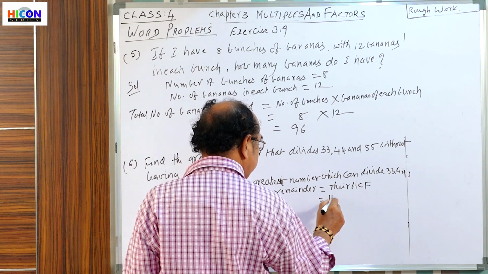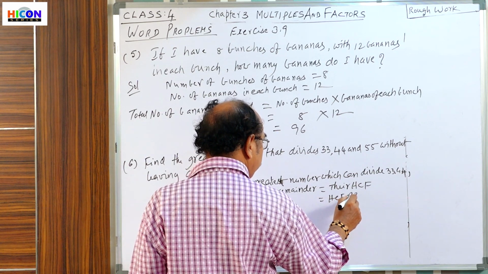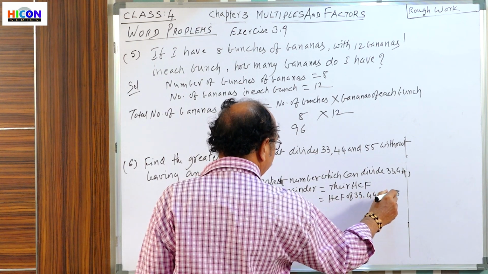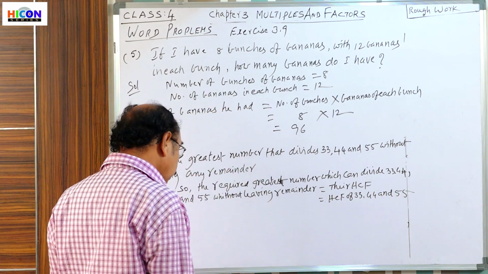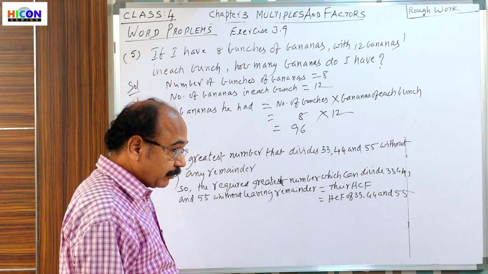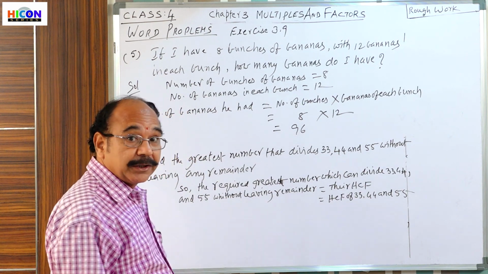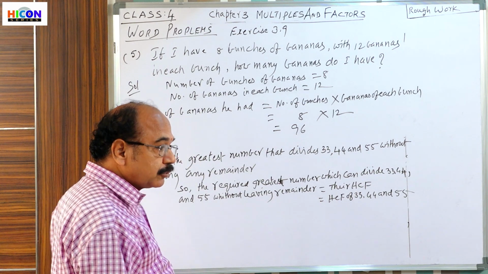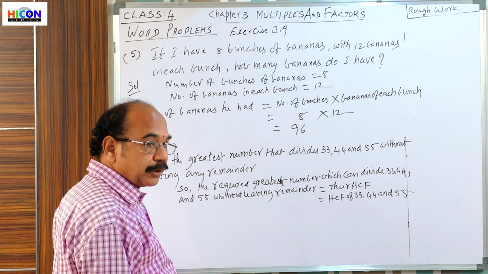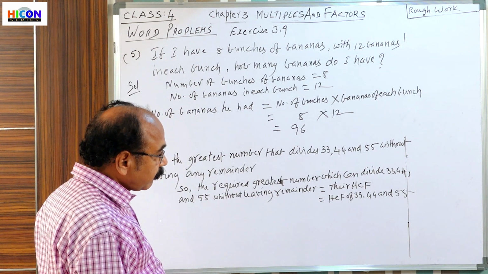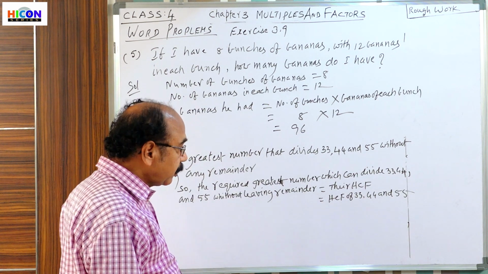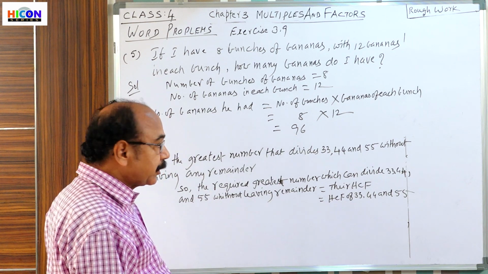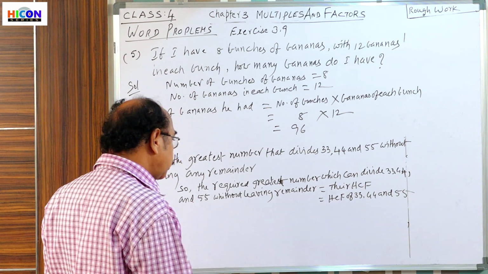That is HCF of 33, 44 and 55. So to find the HCF, we have some methods. Division method is there, and prime factorization method is there. Okay, see.